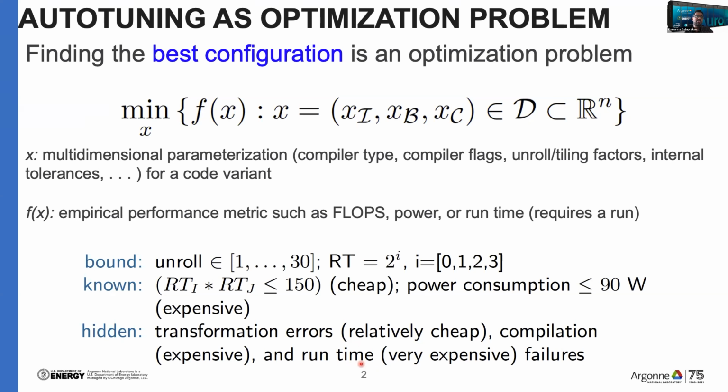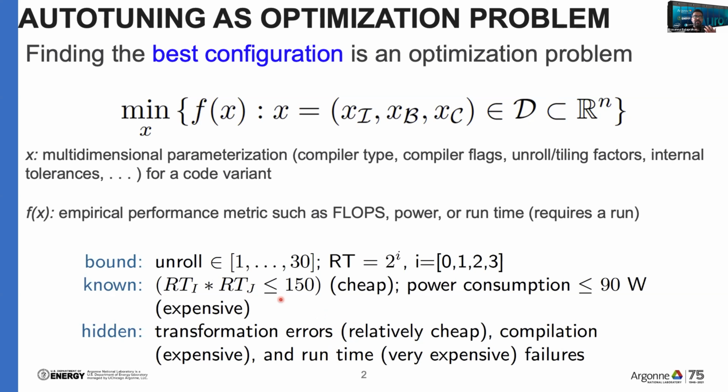So these hidden errors are particularly prevalent in auto-tuning HPC codes, because not all feasible parameter configurations are valid.